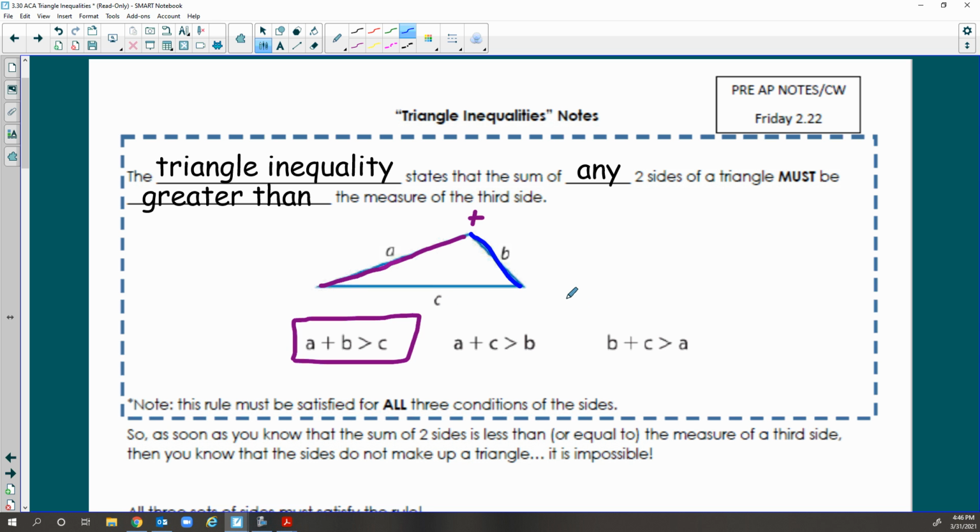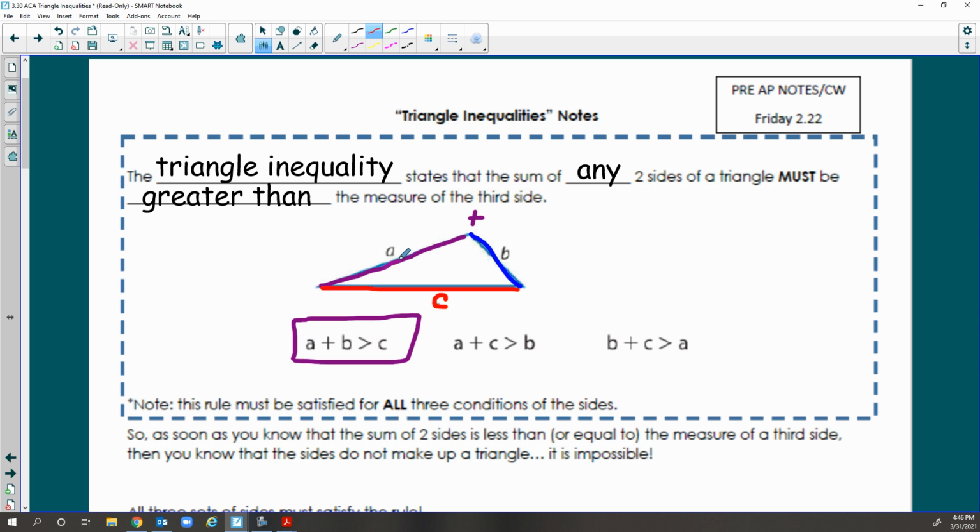I have a trick here where we can bypass these two except in one or two special cases. If I assign the longest side the letter C, then everything's going to work out really well, and this is really the only one that we would have to consider.